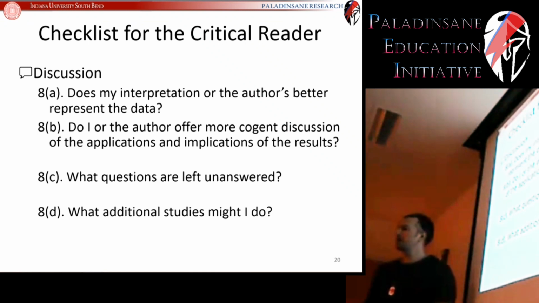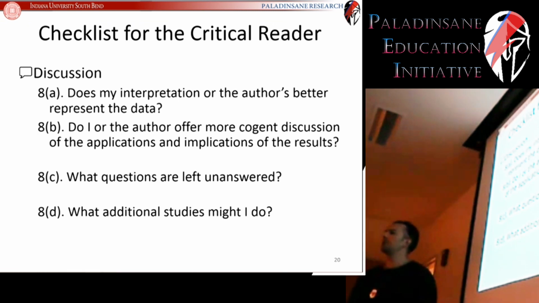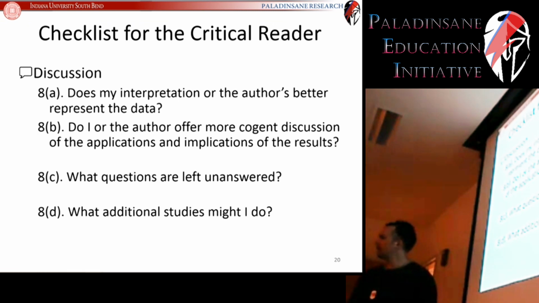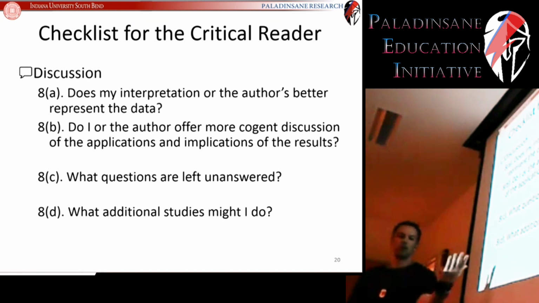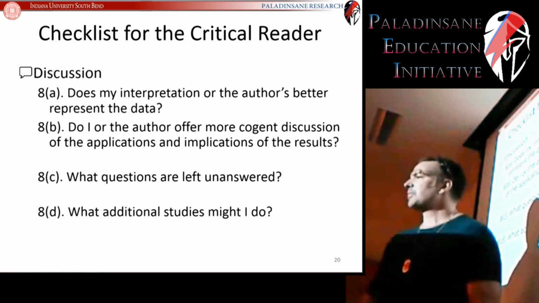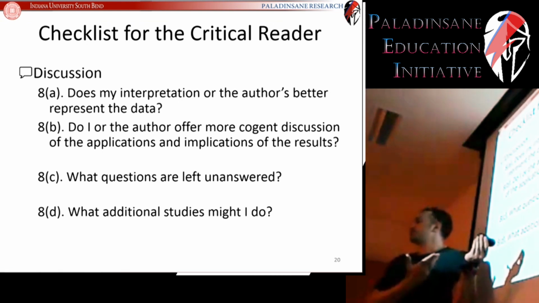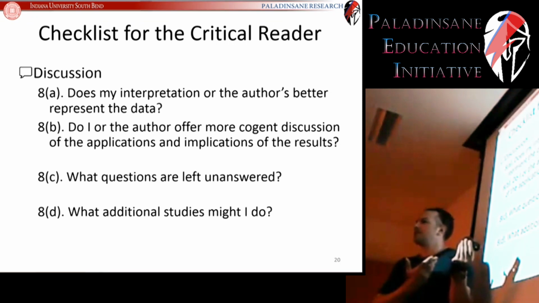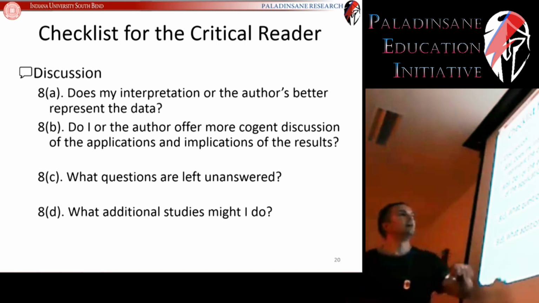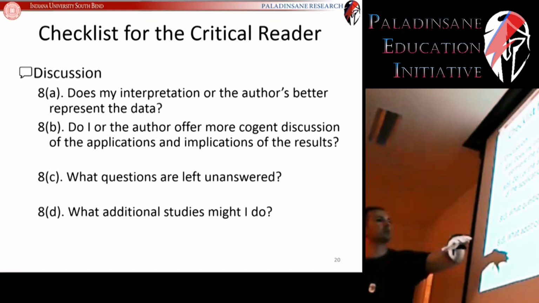Sometimes they'll miss it just because they published this article in a time before the technology allowed them to make these implications. So you might be reading a study from the 60s, from the 70s, that could have massive implications to our world of social media. Those authors weren't going to give you that implication because it didn't exist back then. So do you have better applications or implications of the results?